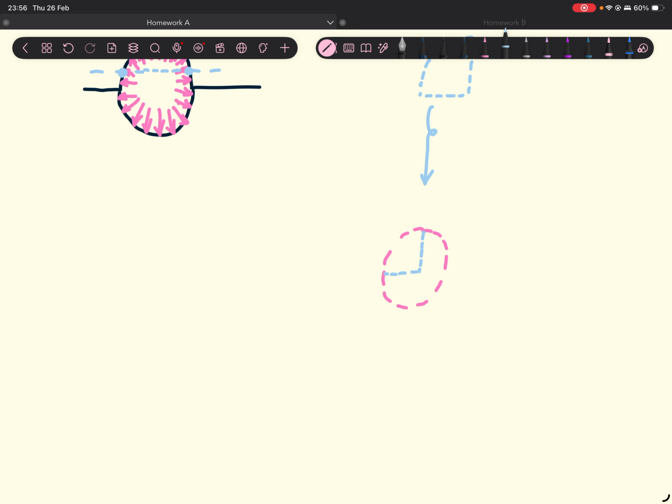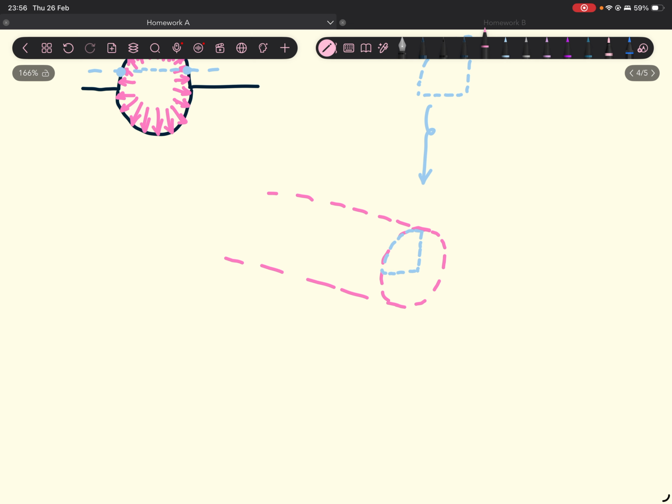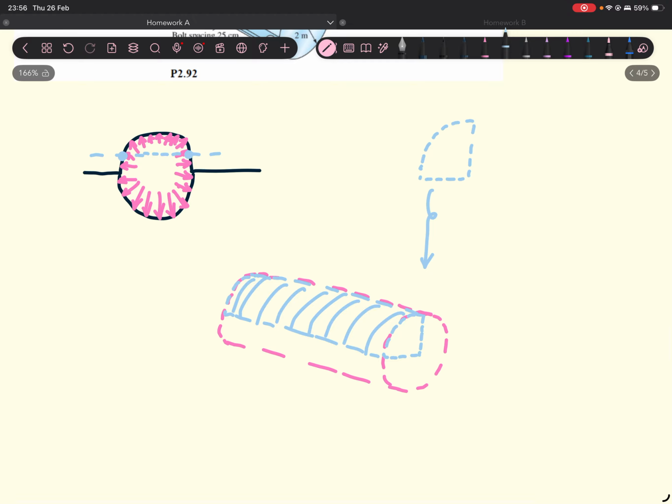I'm basically taking a small slice of the fluid, so the pink outline is the tank, and then the blue is the slice of fluid that I'm taking. So it kind of looks like that. Okay, and then I'm going to analyze it from this view over here.